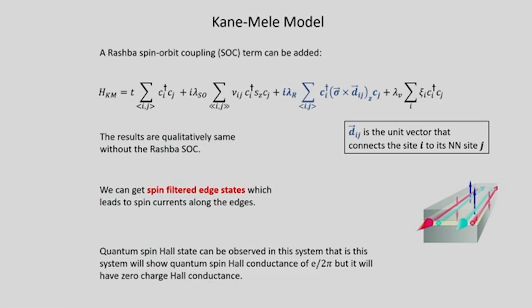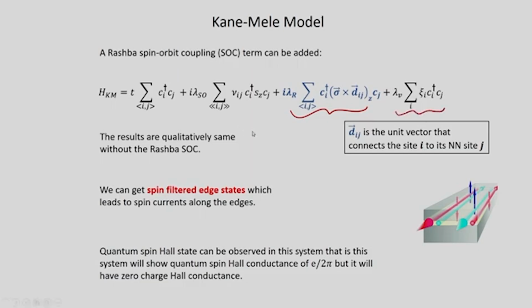Okay. Now, there is another term that's added, which is called the Rashba spin orbit coupling. We'll do a little discussion on that in just a while, and the term is written as i lambda R, and there is a Ci dagger, and sigma cross dij, and I will tell you what dij is. dij is a unit vector that connects site i to a nearest neighbor site j, and of course, the rest of the things are all the same.